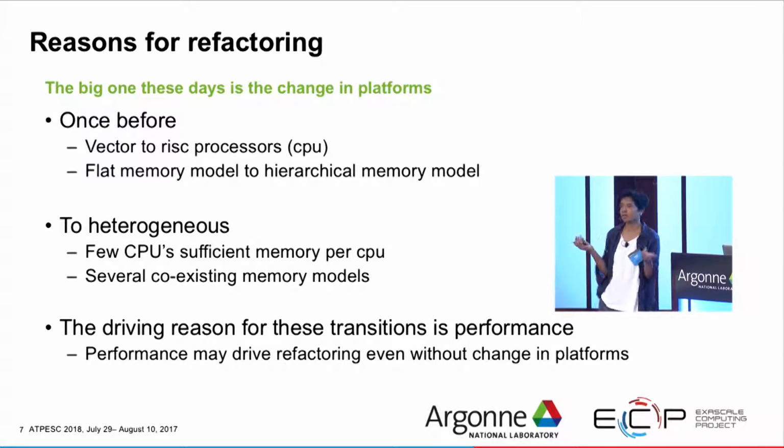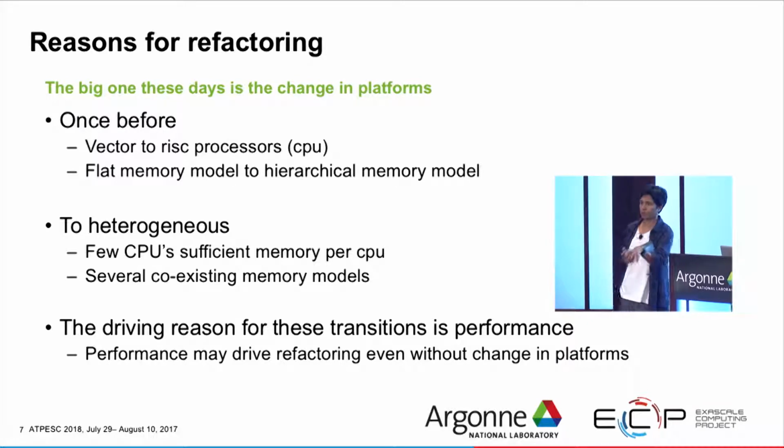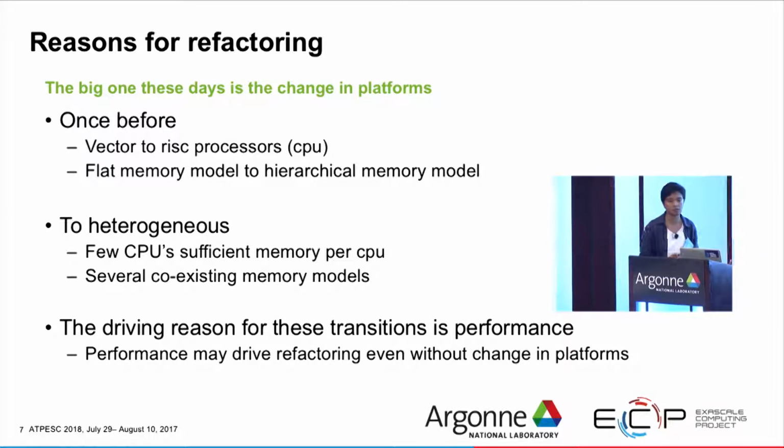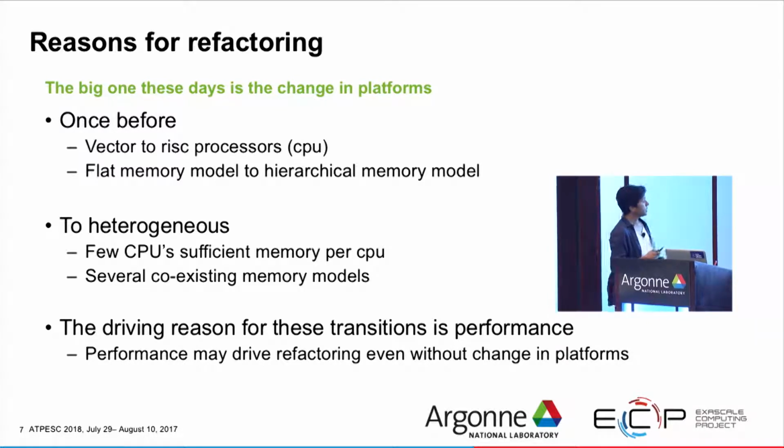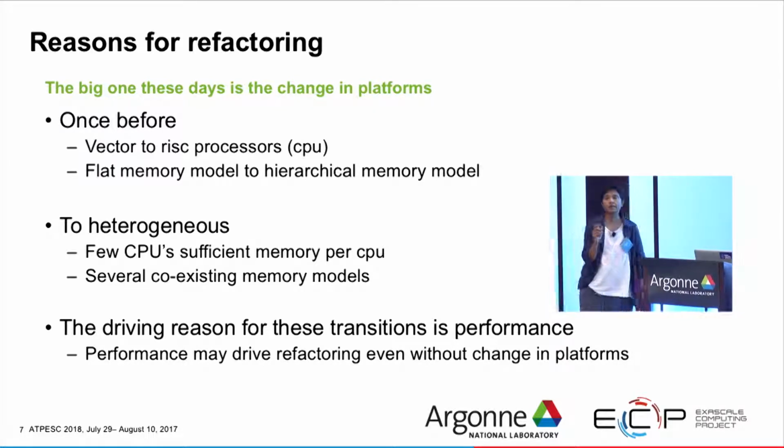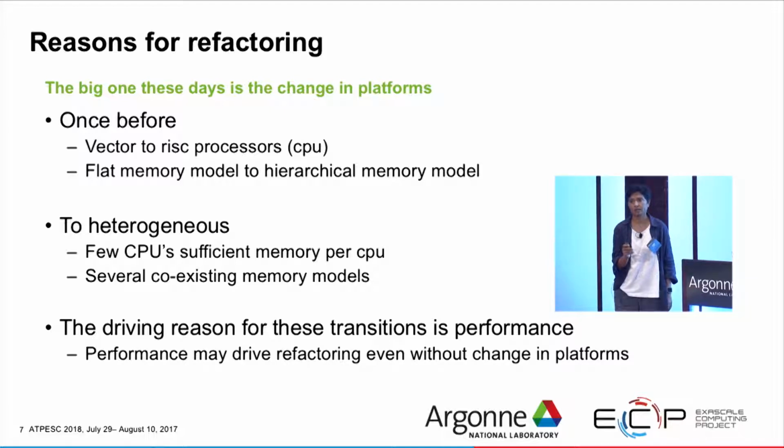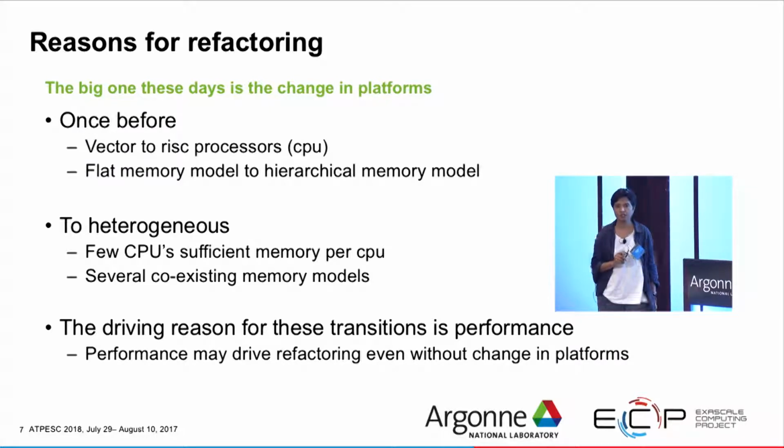You would have heard about those earlier during the week: when you have many cores, the cache coherency is not maintained across the entire node, but you have subsets of processes across which the cache coherency would be maintained, and so on.